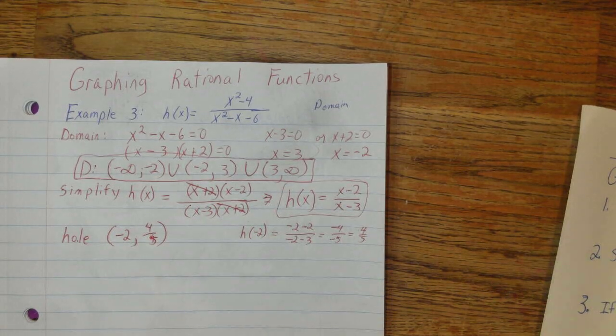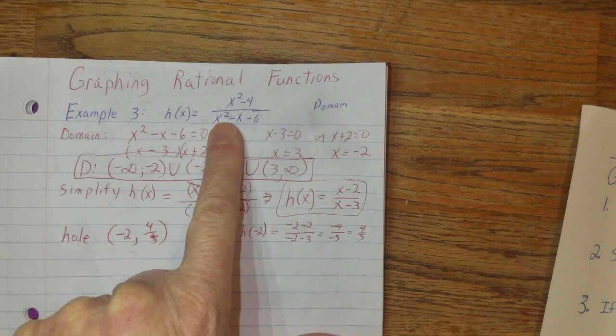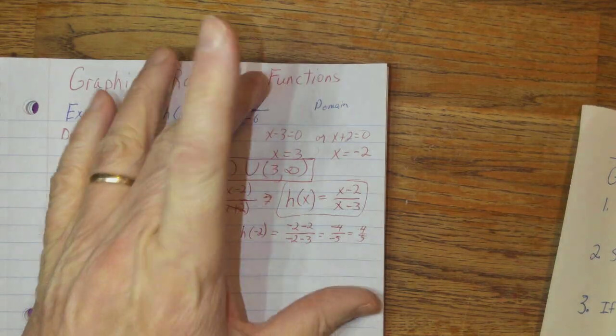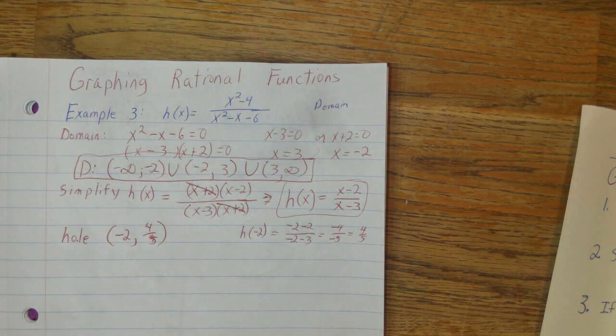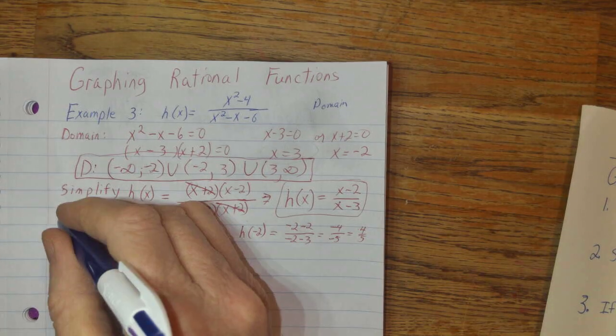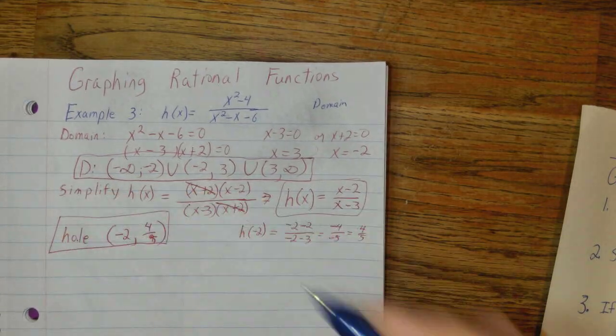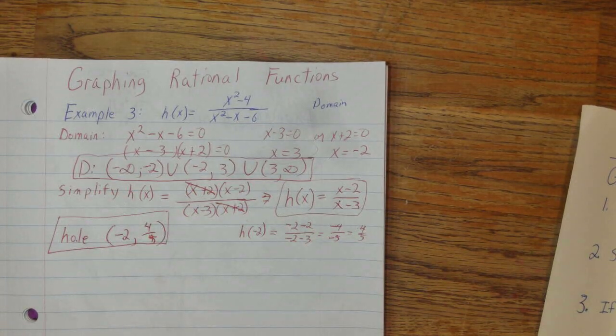There's going to be a hole in the graph right there. It's not an asymptote. There's just going to be a hole in the graph. We can't have that because in the original, you'd have 0 over 0. Okay, so this is the first time we've had this scenario come into play.